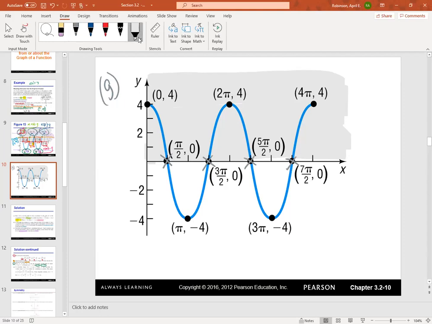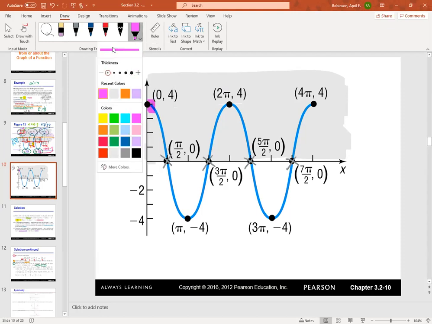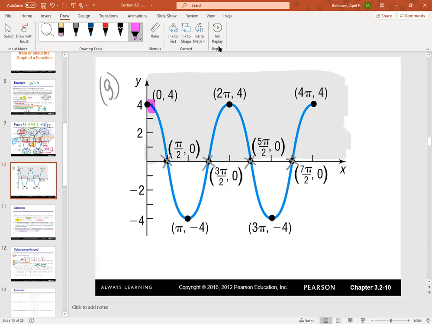But I can use any of these points, any of these points, and any of these points.